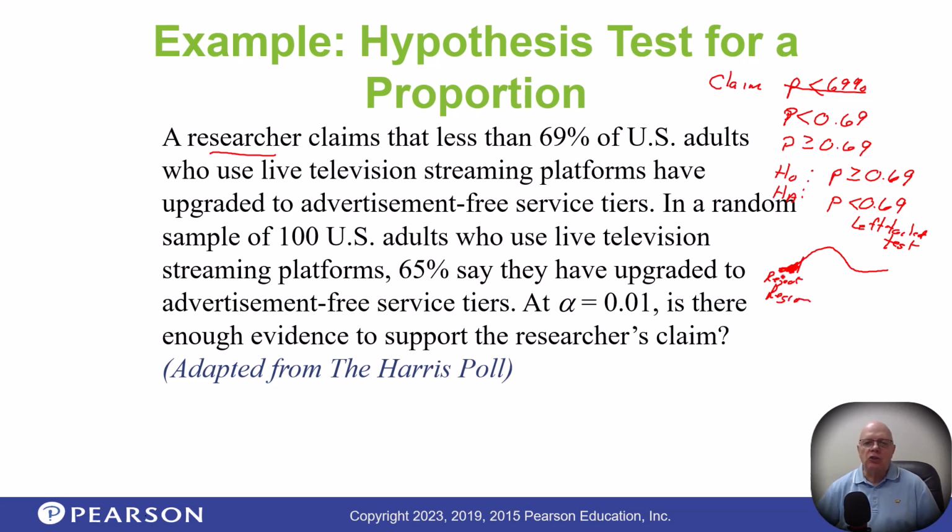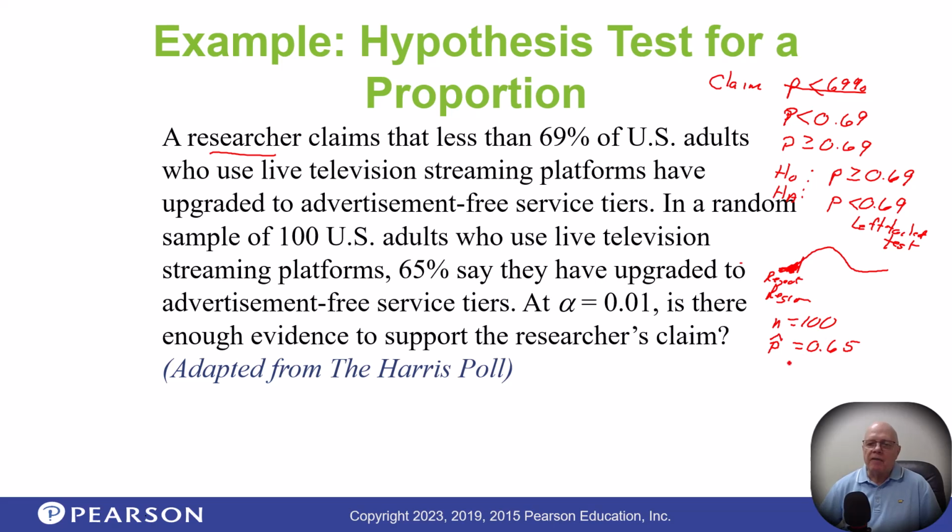All right, what do we have for numbers? It says you're going to take a random sample of 100. So n equals 100. Good. And from that sample, we got a proportion in the sample of 0.65, 65%.